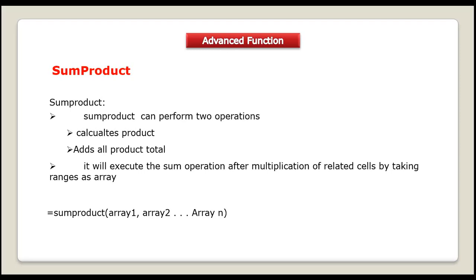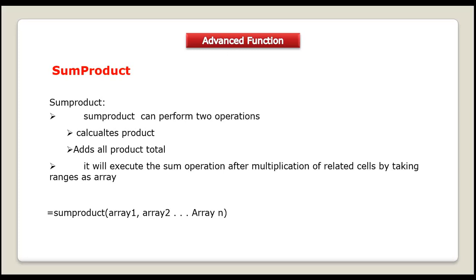If you observe the procedure, it calculates the product first, then adds all the products and brings only one result, that is the total of all products. It executes the sum operation after multiplication of the related cells in the range, by taking the ranges as arrays.